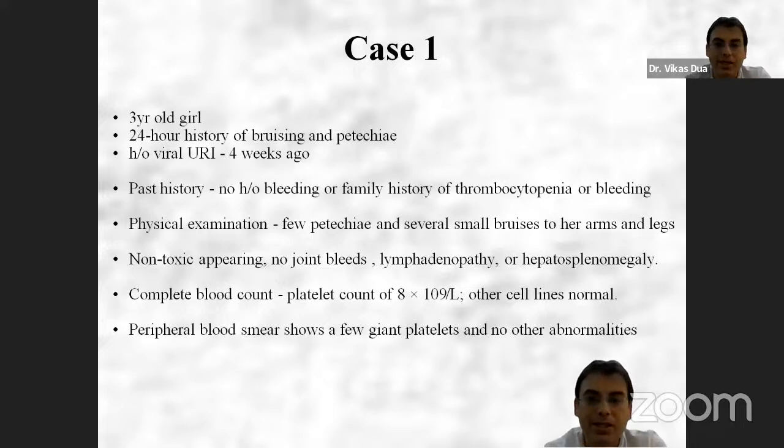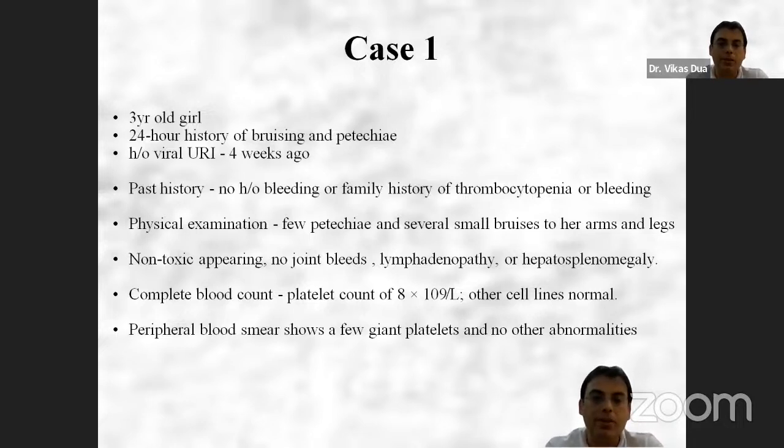When you examine this girl, there were some petechial spots, some ecchymotic patches which were present over the arms and legs. The girl has come running to your clinic, is non-toxic, no joint bleeds, no hepatosplenomegaly, no lymphadenopathy, just ecchymotic patches and petechial spots. As we just discussed, you all will do a CBC, and some people might do a coagulation also.